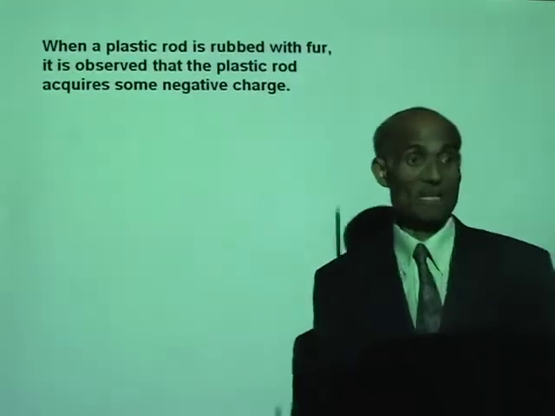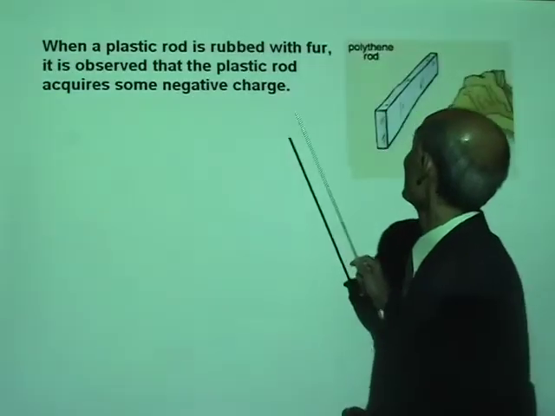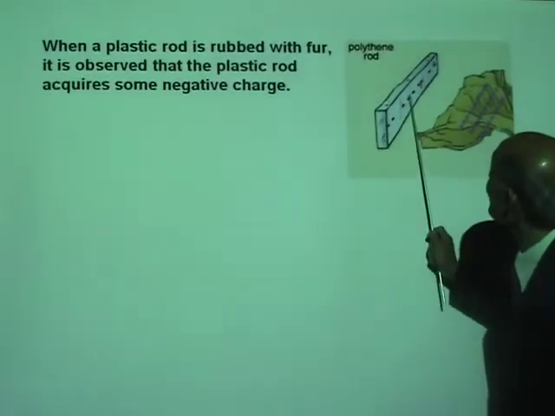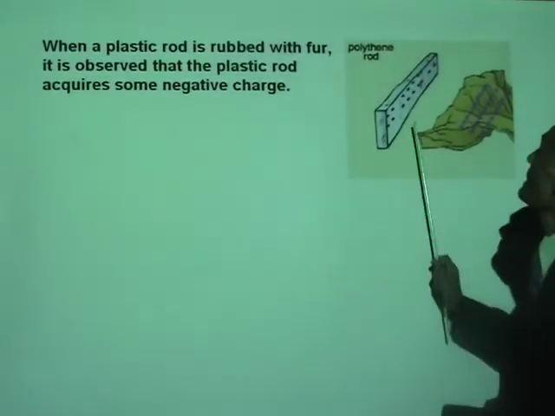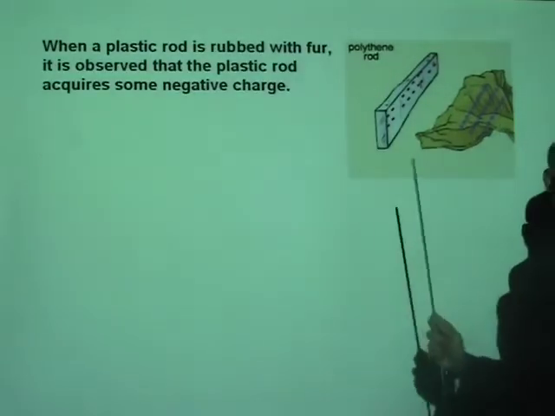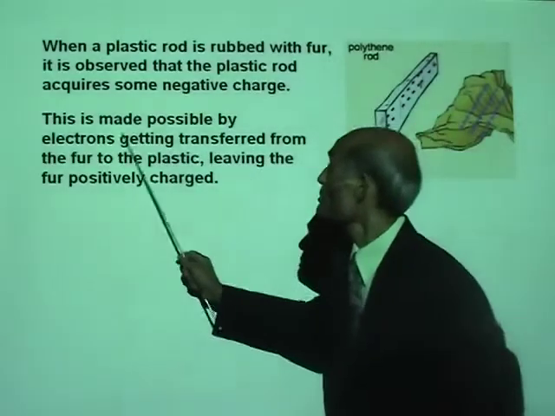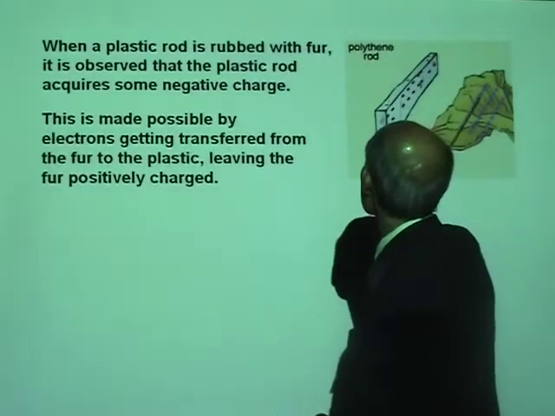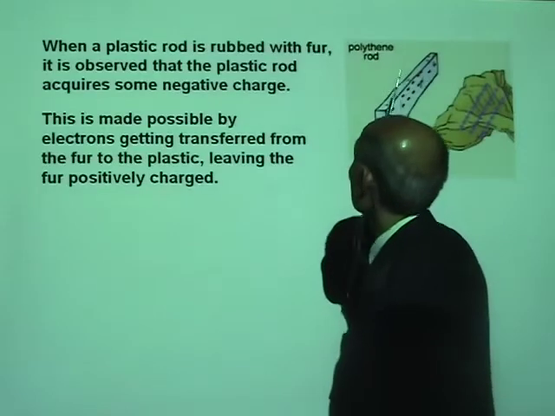Fur is actually better. It is observed that some electrons move from fur to the plastic, making plastic negative and fur positive. Now this is made possible by electrons getting transferred from the fur to the plastic.